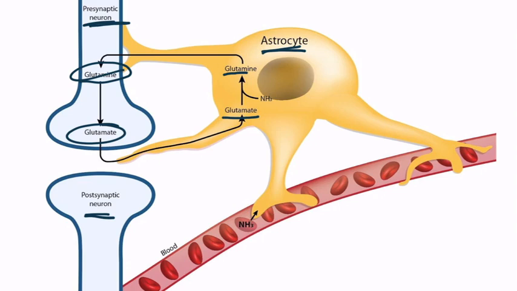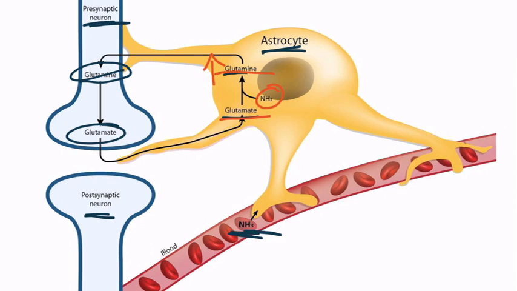However, when ammonia levels are high, the ammonia in the blood, which you can see right here, diffuses into the astrocyte and increases the conversion of glutamate to glutamine. However, when ammonia is too high, this results in an overall increase in glutamine.